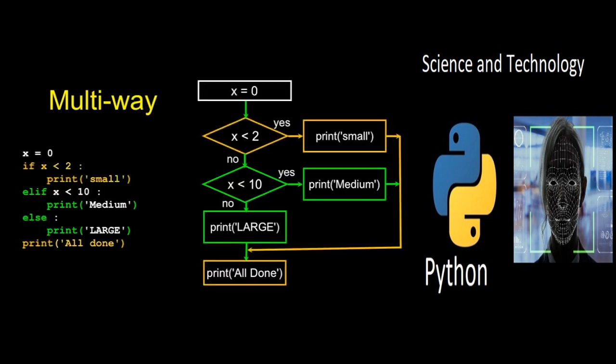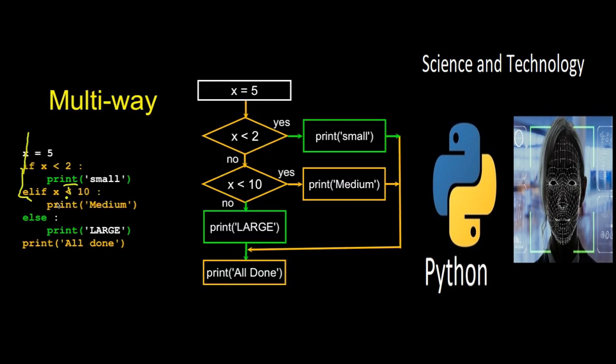So here are some examples of this. If we, for example, have x equals 0, it's going to come down here. x is less than... true. That's true, so it runs this code, and then it skips to the end. On the other hand, if it's 5, then this is false, and it skips that, and it checks this.